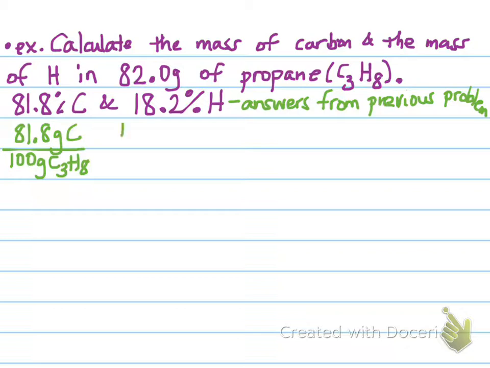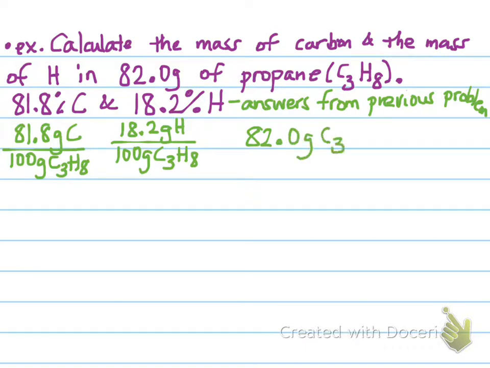That also means we have the conversion factor that 18.2 grams of hydrogen is in 100 grams of propane. Now, what is this problem asking us to do? It's saying if we have 82 grams of propane, how many grams of carbon do we have? Let's do that one first.